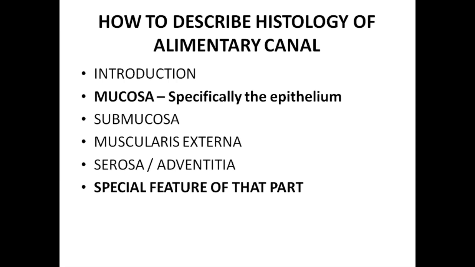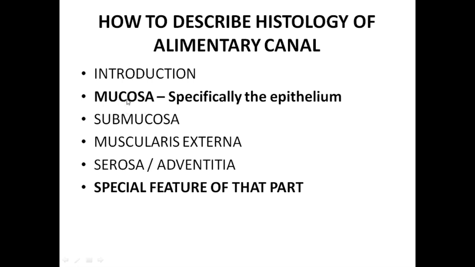Then you have to describe the 4 layers, that is mucosa, submucosa, muscularis externa, and serosa or adventitia. In all this you can write the same things which I have already mentioned. You can write those 2 or 3 points which I have mentioned in every subheading, and then you can add in that subheading any special features.